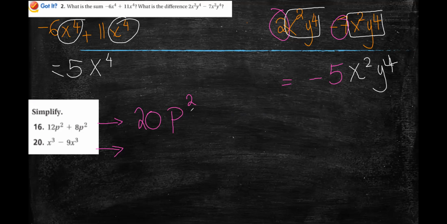It is equal, teacher, negative 8x cubed. Thank you. Here the coefficient is 1 and here the coefficient is 9. So 1 minus 9 is negative 8. And then you pick the variable x cubed.